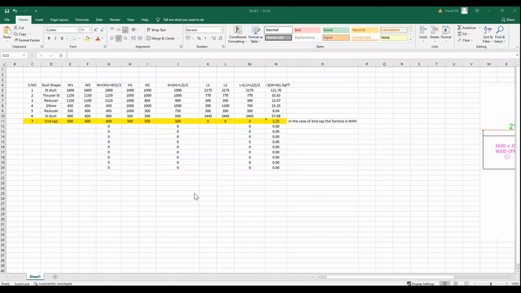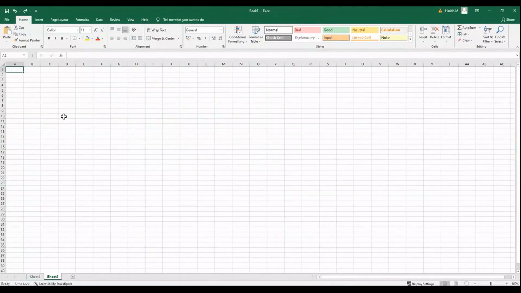Duct sheet metal gauges. Duct sheet metal gauges means it defines the thickness of the sheet. Okay, वो sheet thickness को define करता है.